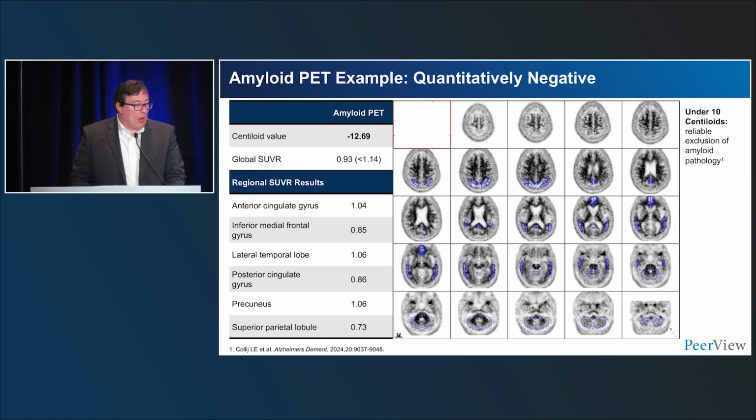And so the bottom line is this overall global Centiloid value. In this case, it's minus 13. So I usually report these as simply less than 0. And then we have some of the regions shown here with their SUVRs as well. And these can be helpful because, especially in cases where amyloid deposition is relatively early, it can be a little bit regional.